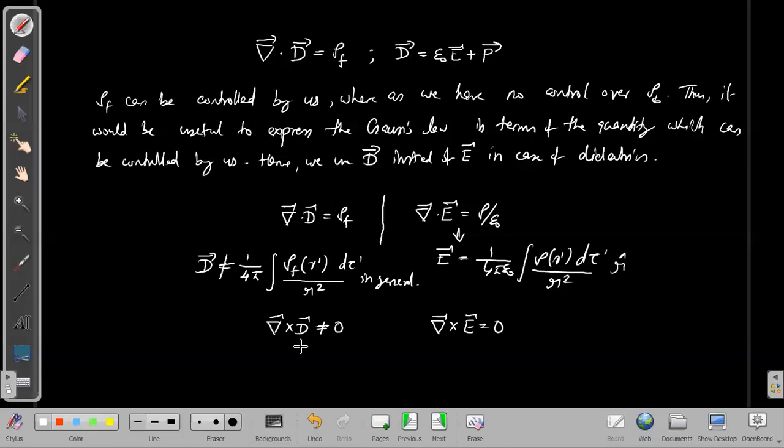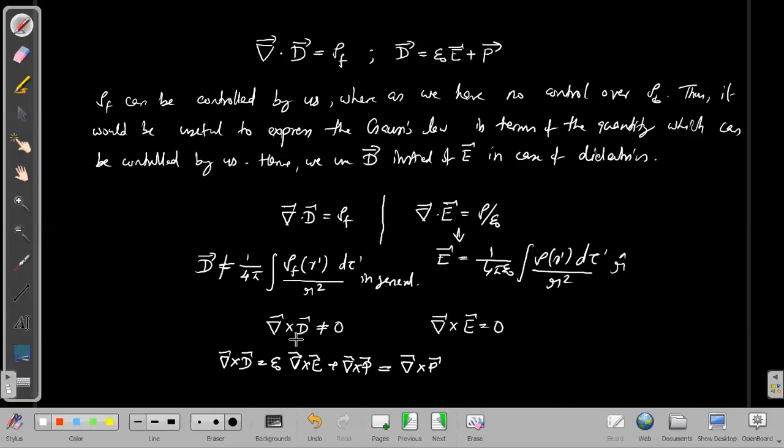If you look at del cross D, it would be equal to epsilon 0 del cross E plus del cross P. And obviously in electrostatics, del cross E is 0. So this becomes del cross P, and del cross P need not be 0 always.